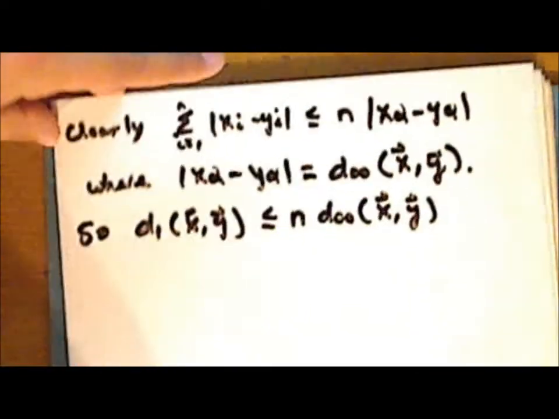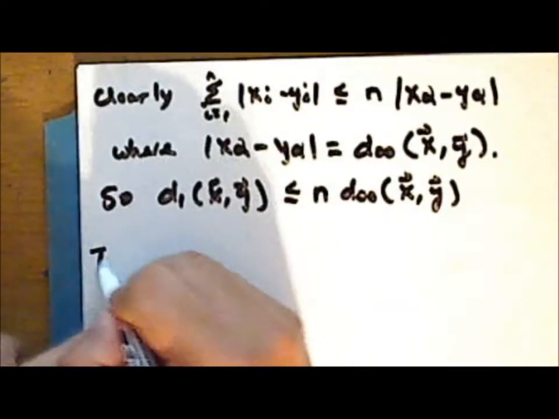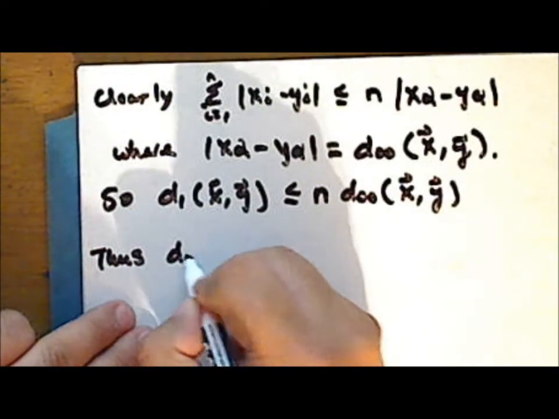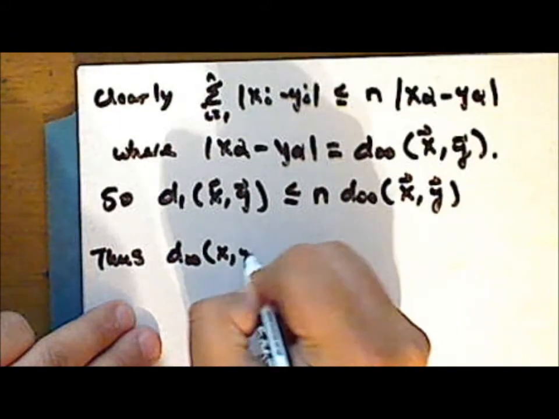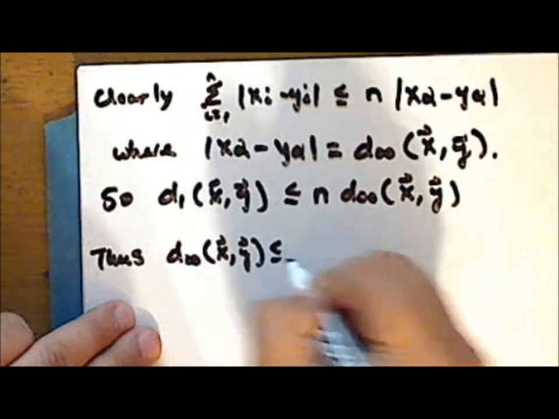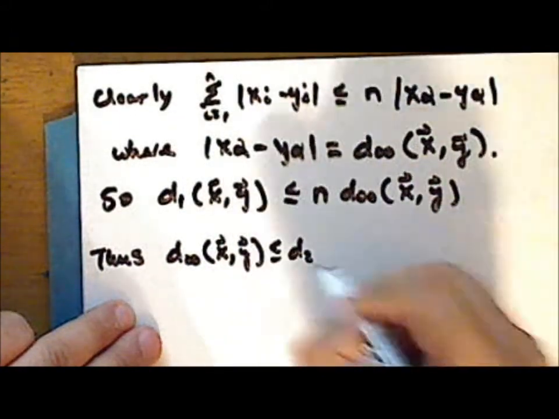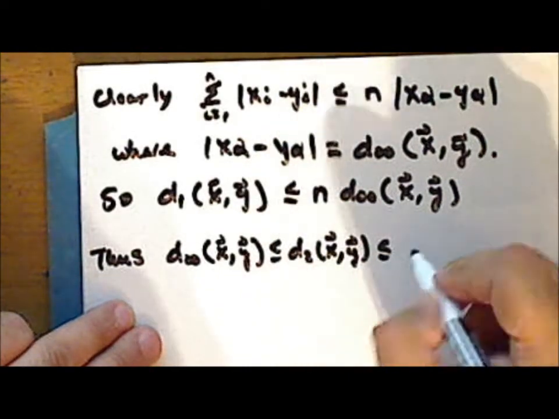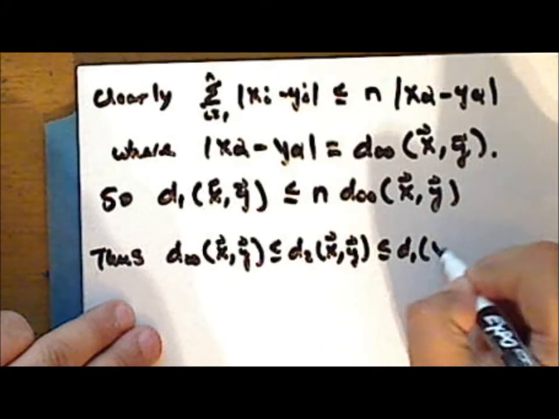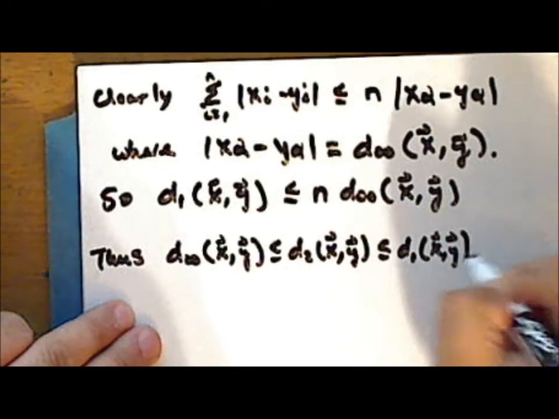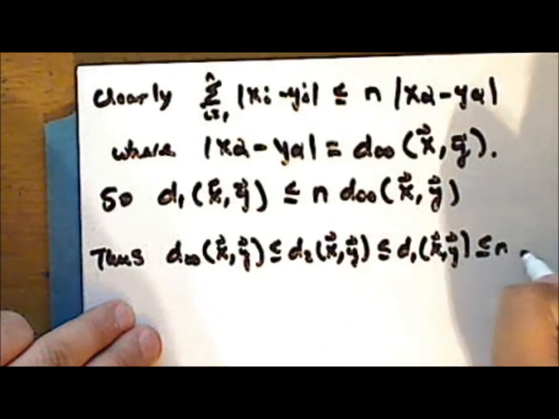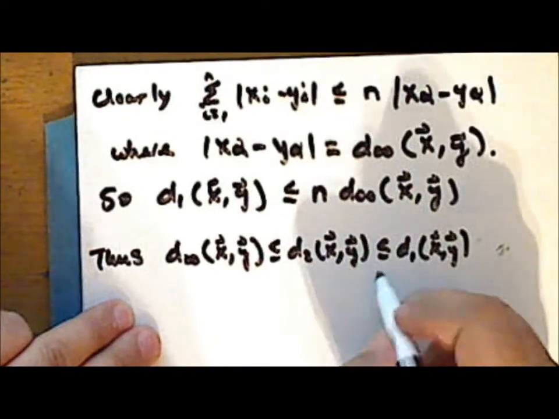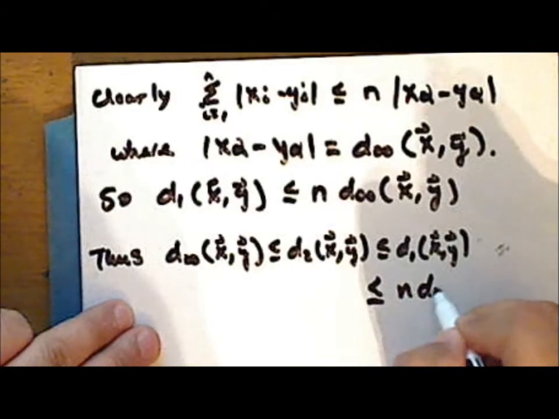So we have completed a chain. That is, the distance in the square metric between x and y is less than or equal to the distance in the Euclidean metric between x and y, which is less than or equal to the distance in the taxicab metric between x and y, which is less than or equal to n times that distance in the square metric.